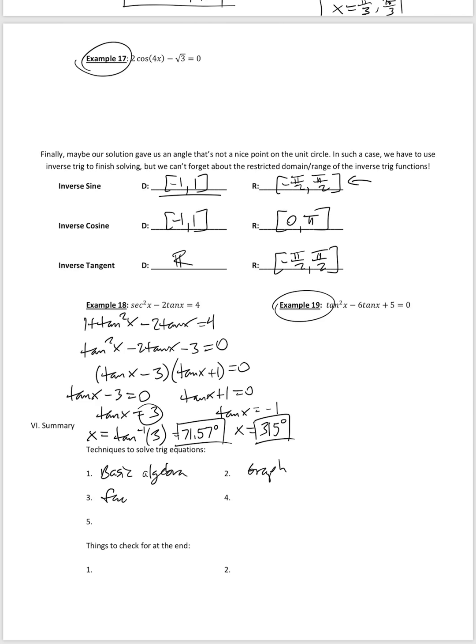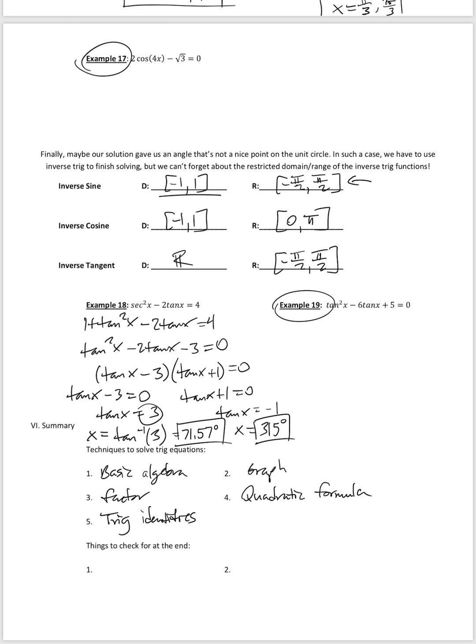We can factor if we're given something in quadratic form. If we can't factor it nicely, then we can use the quadratic formula. And finally, we can use trig identities to help simplify things so that we can factor, or we can use basic algebra.